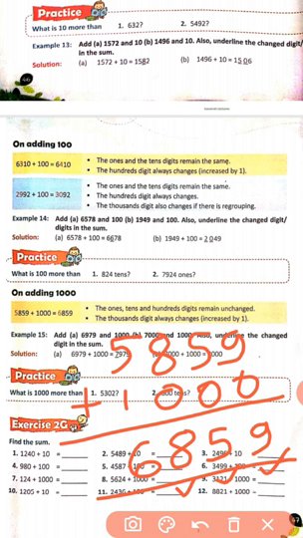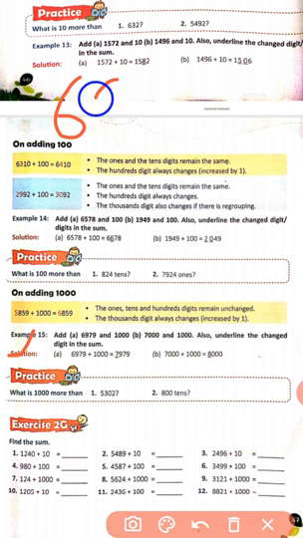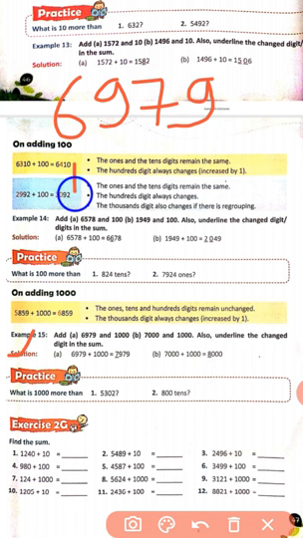So we underline the thousand place digit, the change place digit we have to underline. Now we see example 15. Add 6979 plus 1000.